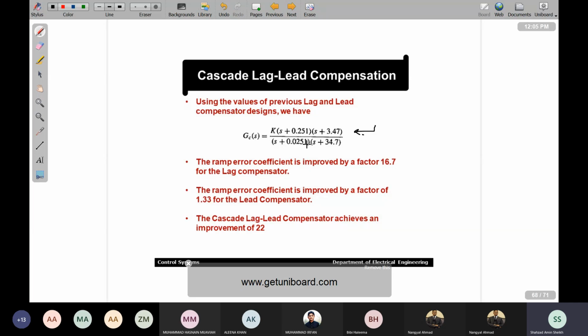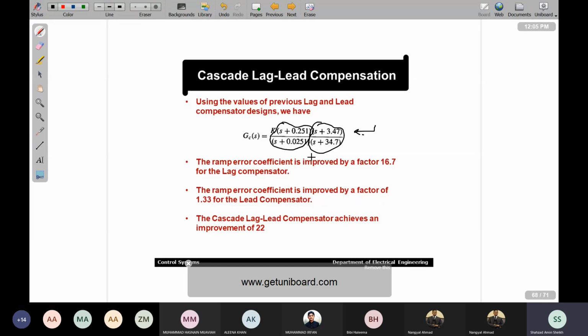Okay? So this is coming from lag and this is coming from lead. So that's why it is lag lead, cascading of both of these. Okay, Irfan, the answer to your question is present in this only, but let's move forward.